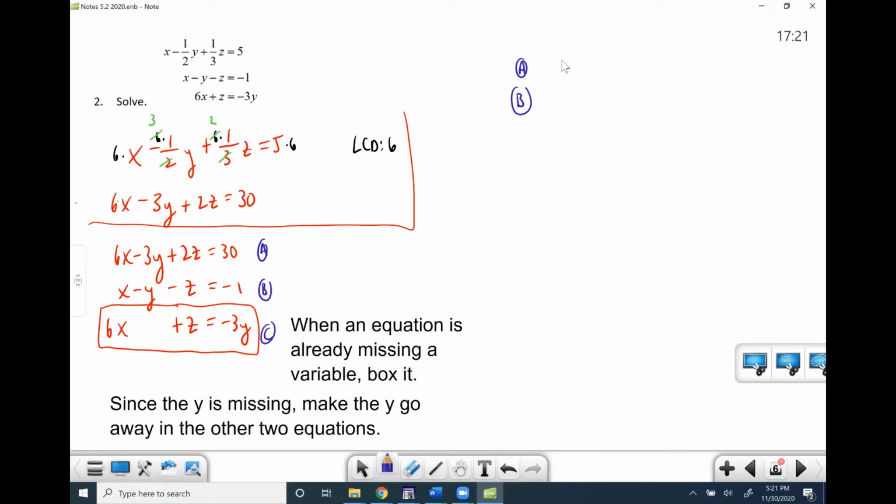All right, here's equation A. 6x minus 3y plus 2z equals 30. Now, if this guy's a negative 3y, then we want this one to be positive 3, because negative 3 and positive 3 cancel. So in order to make it a positive 3, what would I need to multiply by?